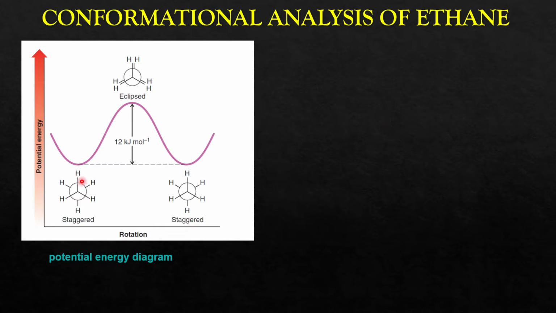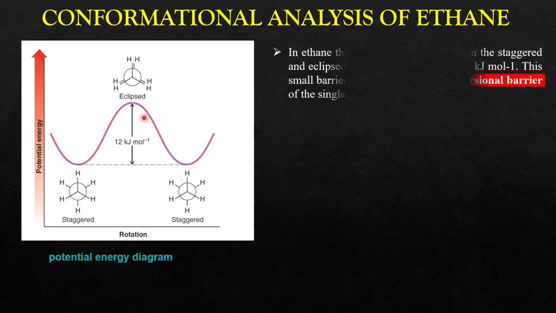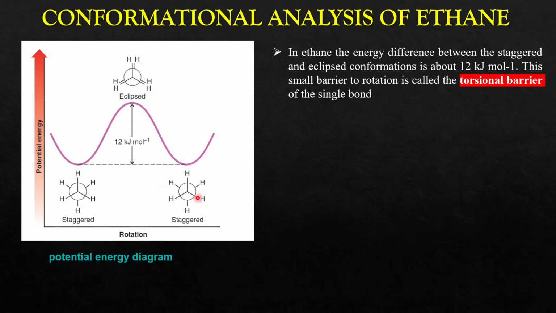Now this is basically a potential energy diagram for the ethane molecule. That is the simplest of the conformational analysis that I am going to talk about right now. You can see that on the y-axis is the potential energy, and on the x-axis the rotation is shown. The staggered conformation of ethane is the most stable one, where the potential energy is lowest. On the other hand, the eclipsed conformation has 12 kilojoules per mole greater energy than the staggered conformation.